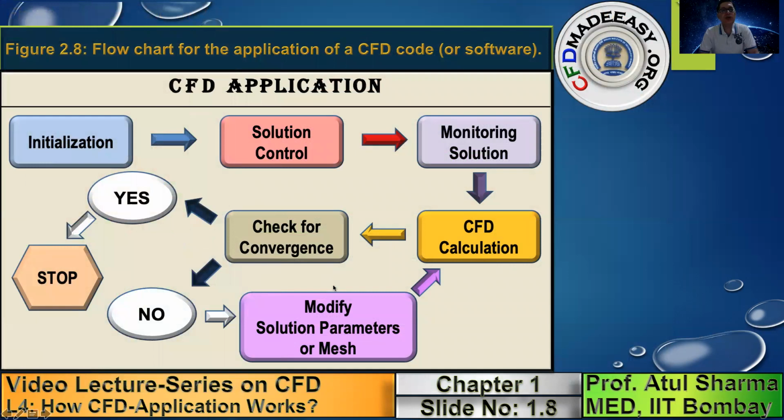This slide shows the flowchart for application of a CFD software, where we start with initialization. In this step, we basically create the solid model, because whenever you consider a fluid dynamics problem, the flow interacts with a solid which is either stationary or moving.